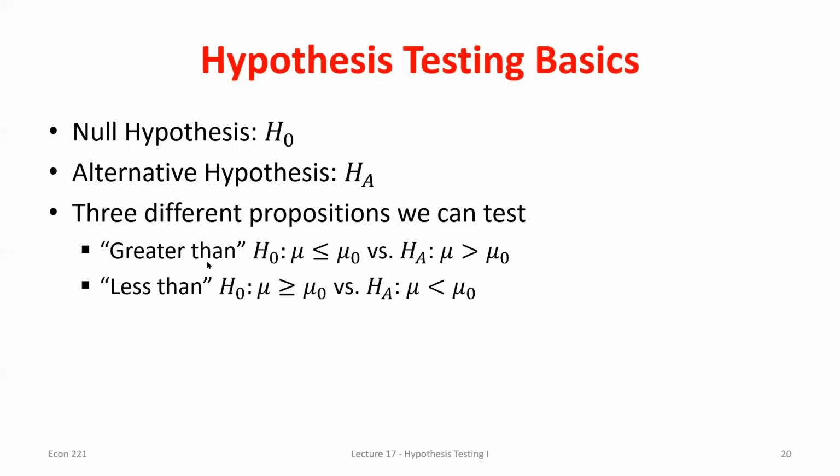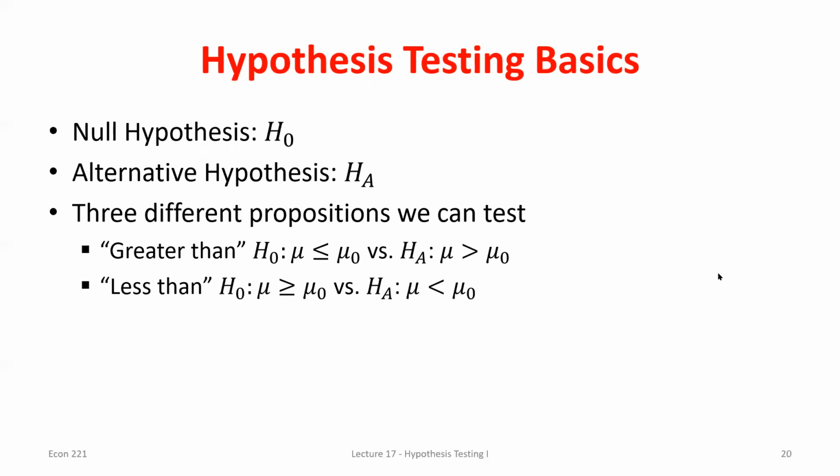The way that these are named is based off of the alternative hypothesis. If I have a greater than test, it's because there's a greater than sign in the alternative hypothesis. If I have a less than test, I have a less than sign in the alternative hypothesis. What we're doing here is we want to see whether or not the true mean is above a certain value.